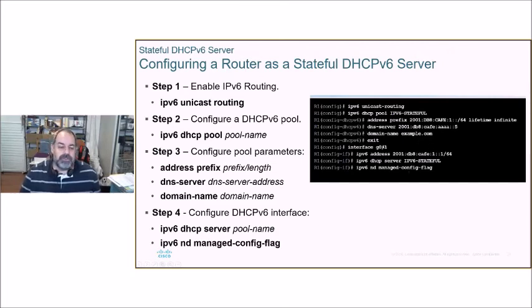And so, of course, for the interface itself, it needs to have an IP address from that pool. It needs to be told that it's using this DHCP server for that subnet as well. And, of course, we need to change the neighbor discovery message, or the RA, router advertisement message, to be managed. So we're using full DHCP. And so, yeah, that's basically how you configure it.